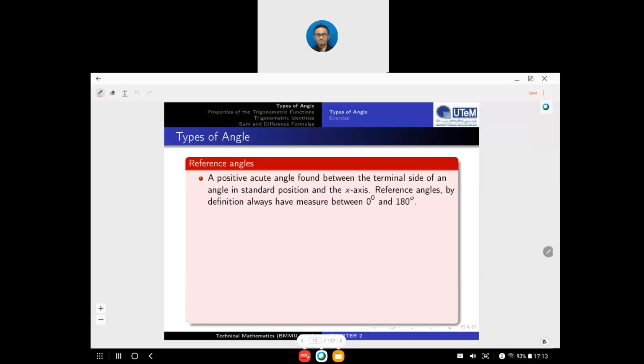Reference angle is a positive acute angle found between terminal side of an angle in its standard position and x-axis. Reference angle by definition always measure between 0 degree and 180 degree.